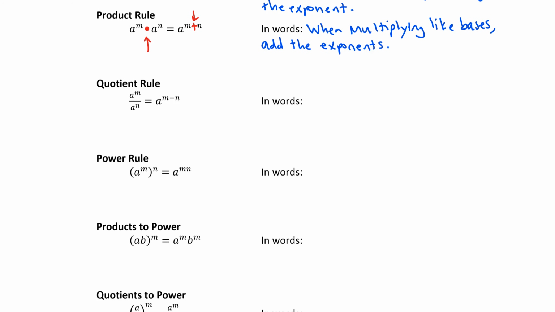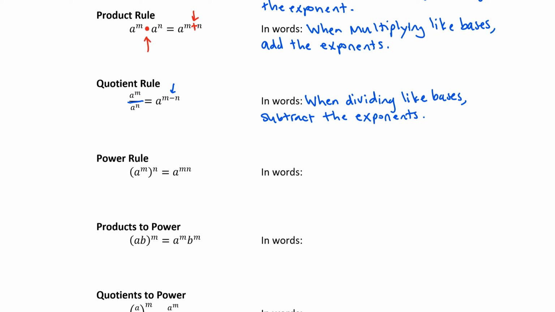If when we're multiplying like bases, we add the exponents, then it makes sense that when we are dividing like bases, we subtract the exponents. In words, we can say when dividing like bases, subtract the exponents. So multiplication and addition go together, division and subtraction go together. The next rule is called the power rule, and it has to do with successive exponents.